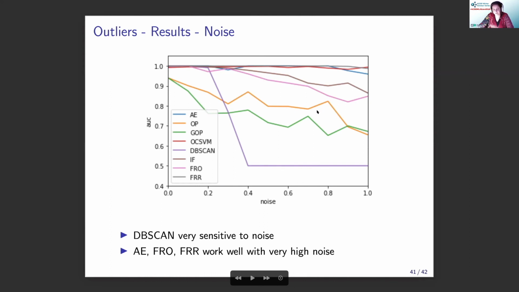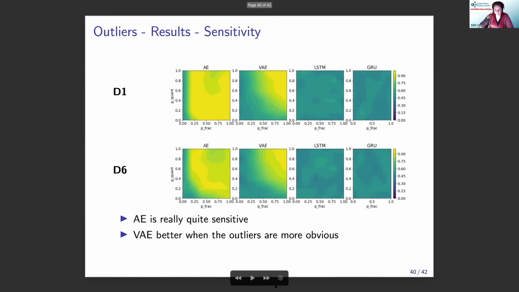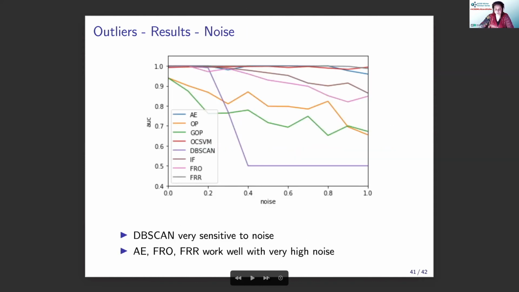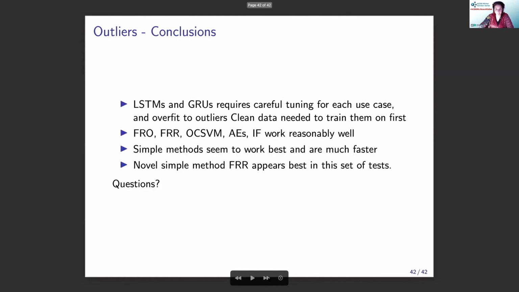Outlier Pursuit and graph regularized Outlier Pursuit are sensitive to noise, but only slowly increasing in sensitivity. And autoencoders and feature regression with ordinary least squares and with ridge regression work very, very well, even with a whole extra set of random values being added or taken away, which is actually pretty good. I was pretty pleased by that.